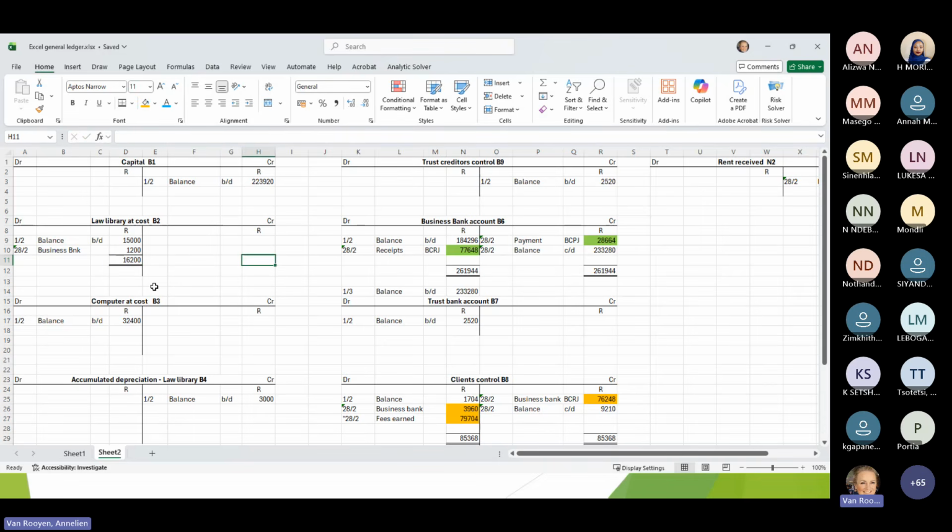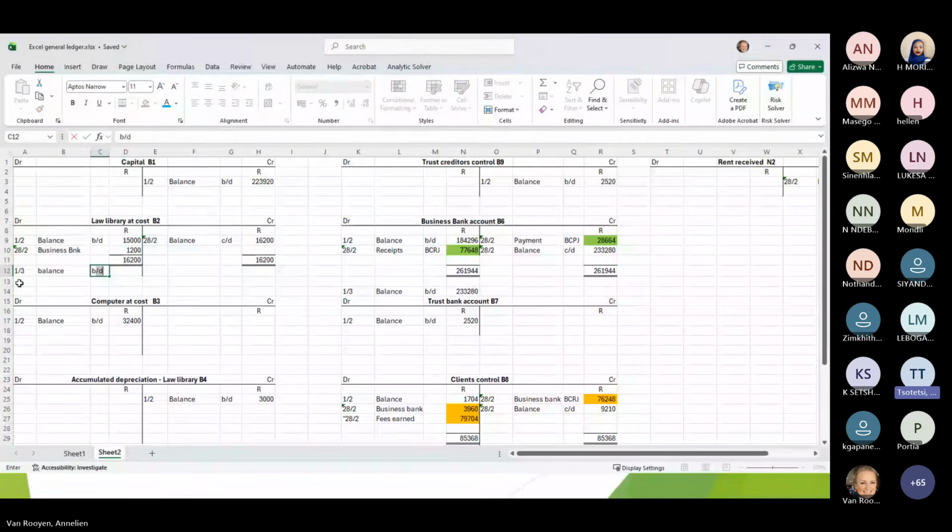We add it up. Actually, I meant under the general journal. Yes, but we need to have this before we can do the general journal. Oh, okay, that's why I left it at that stage. Balance carried down. And then obviously we also need to look at the accumulated depreciation.